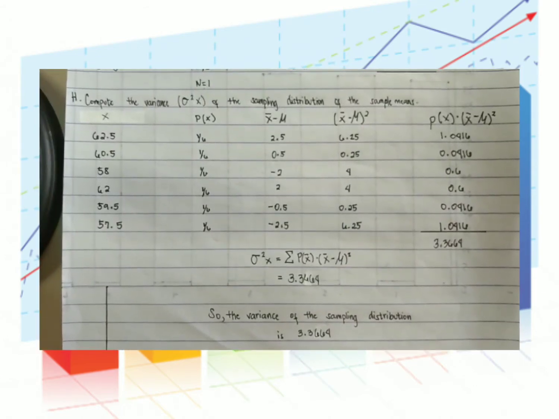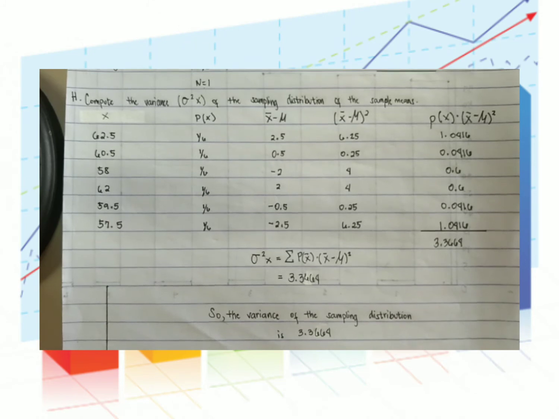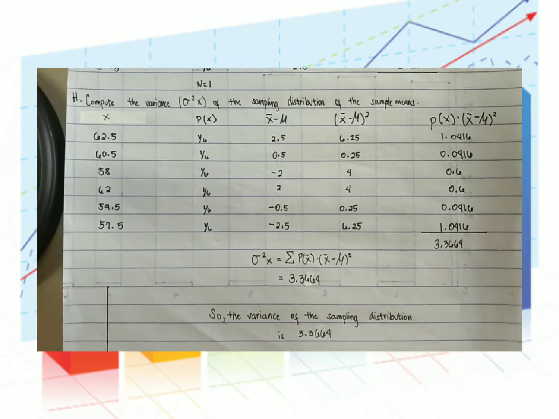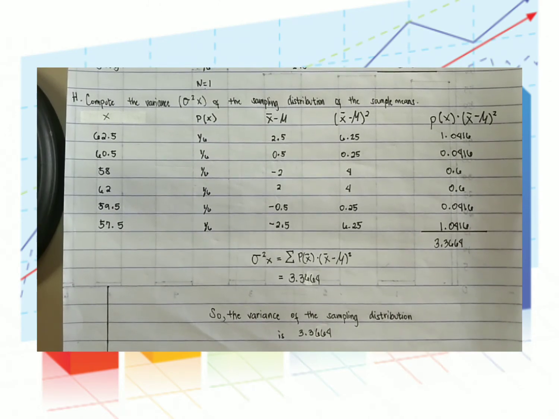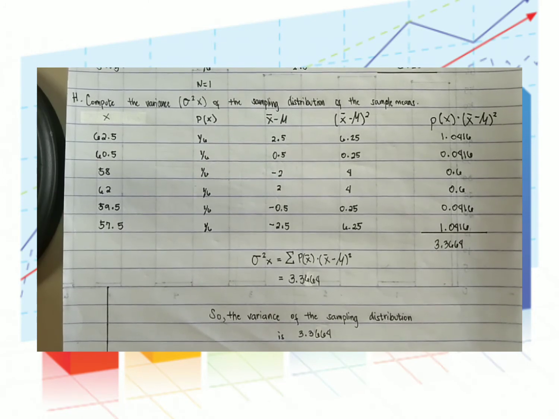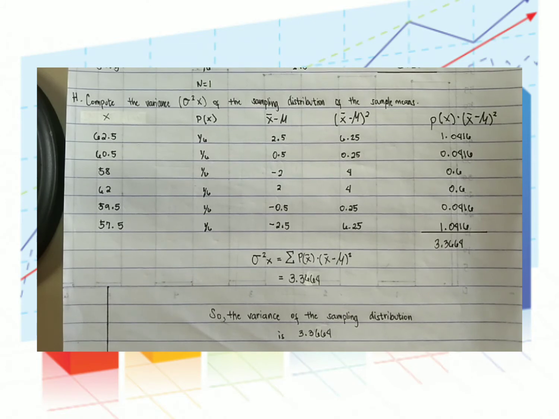Lastly, let's proceed to computing the variance of the sampling distribution of the sample means. To get it, I subtracted the population mean from the sample mean. Then, I squared the difference. Next, I multiplied the results by the corresponding probability.